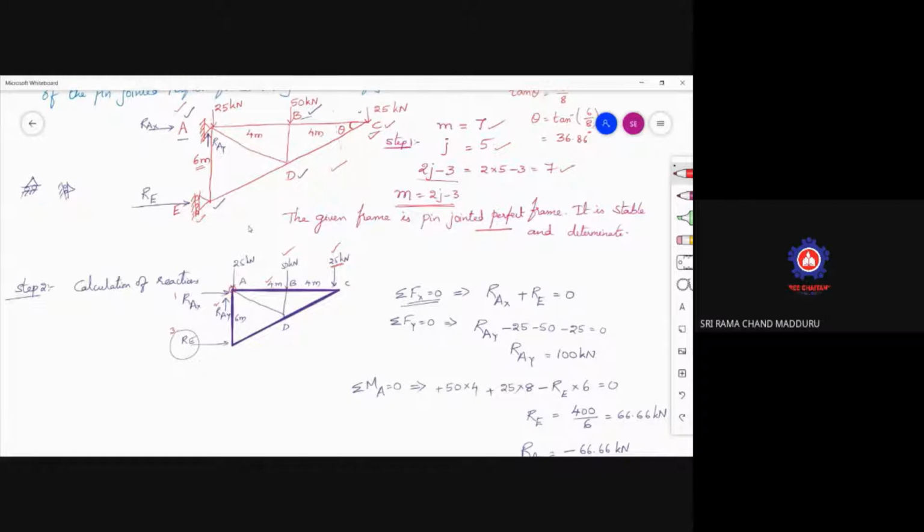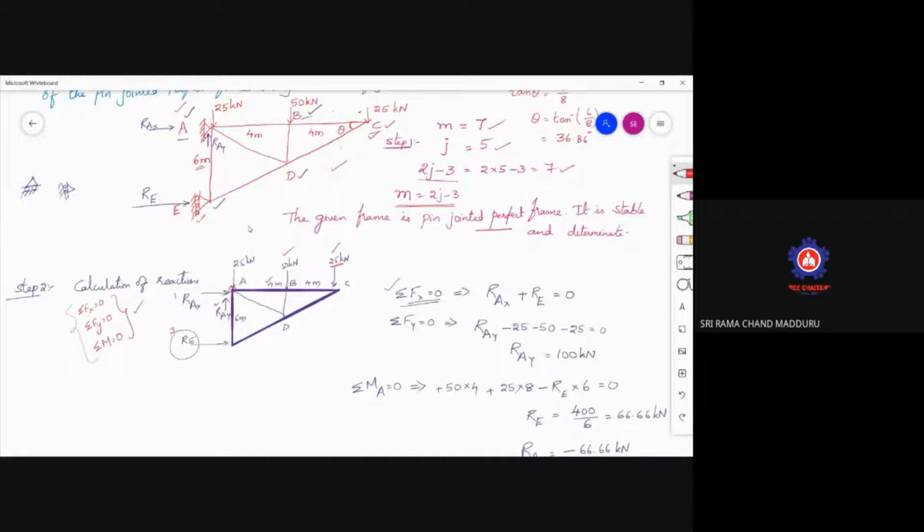You know the equations of equilibrium for a plane structure: sigma Fx is equal to 0, sigma Fy is equal to 0, sigma M is equal to 0. These 3 equations are available for the 3 unknowns, so you can solve with the help of simple equations of equilibrium.